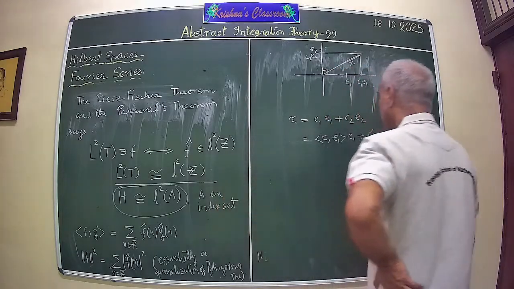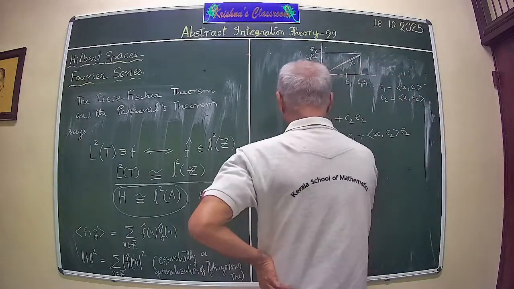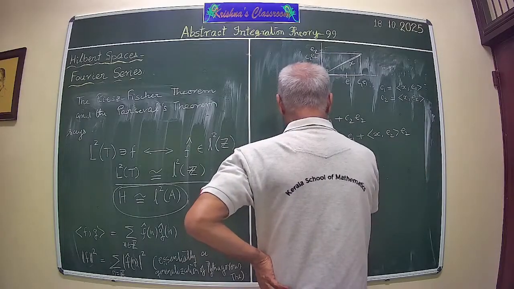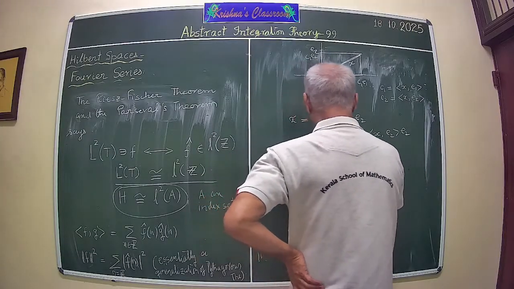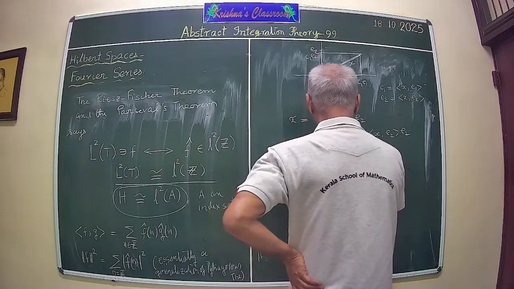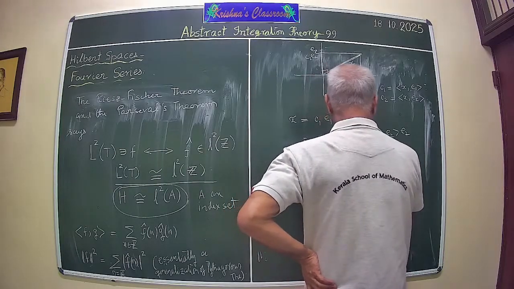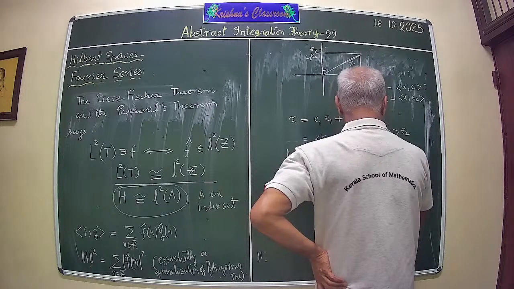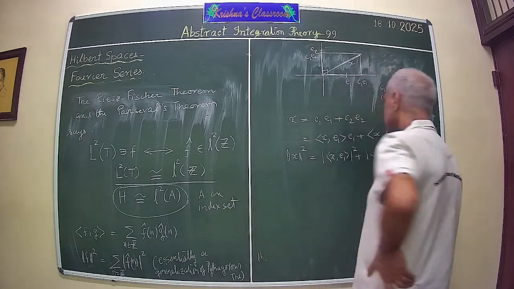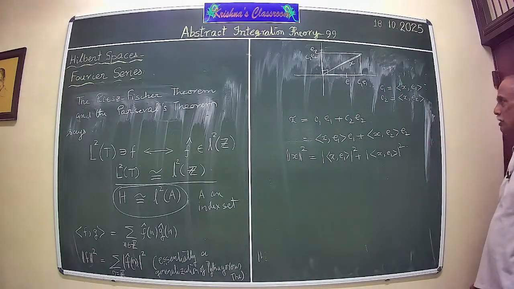And what do you have? Norm of x square equal to mod C1 square plus mod C2 square. This is essentially the Pythagoras theorem in two-dimensional space.